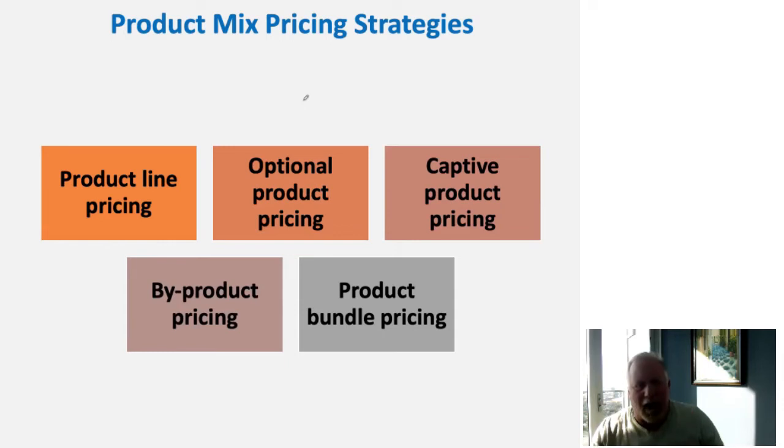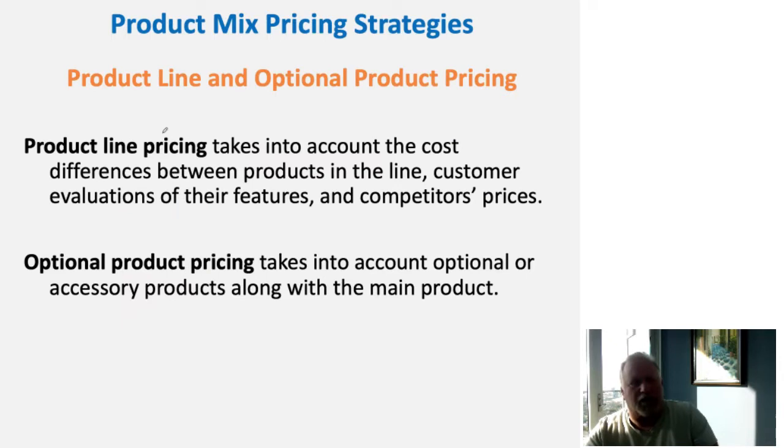We're going to talk about optimal product pricing, which is thinking about at any given time where that optimal point is. Captive product pricing, we'll talk about that. By-product pricing, and then finally product bundle pricing. I'm going to review each of these, and these are all what we call product mix pricing strategies. You should be familiar with these because these are quite commonly used out there in the pricing literature. So let's start off by looking at what we call product line pricing.